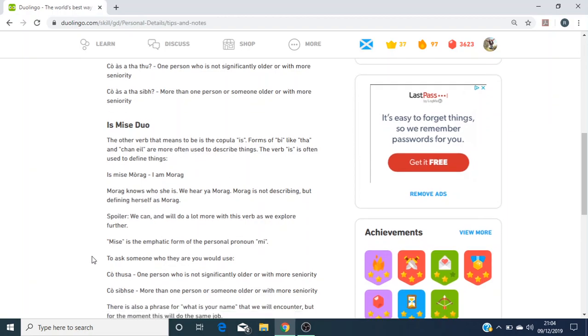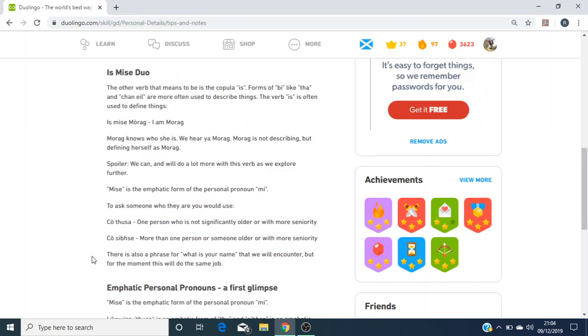And Misha is the emphatic form of the personal pronoun me. So if you want to, you could probably just say it's me, Morag, but Misha is more emphatic.